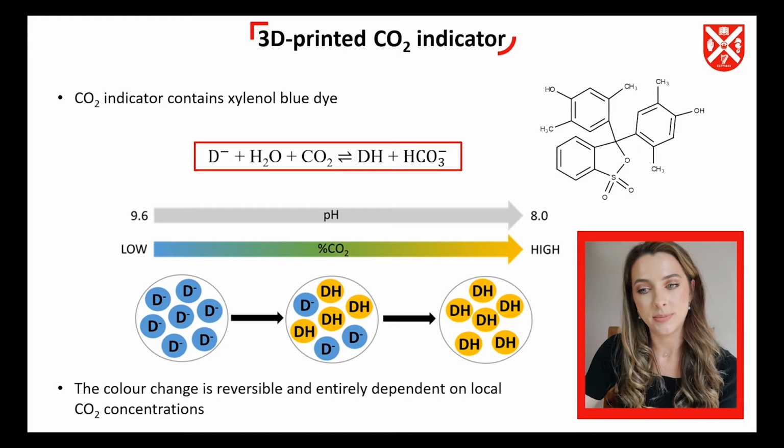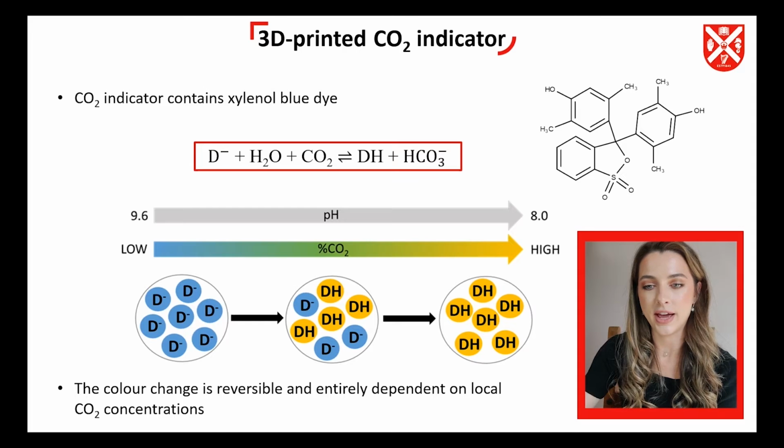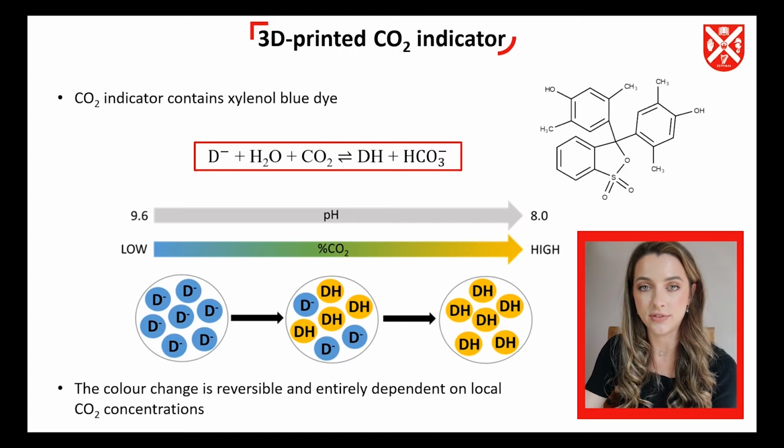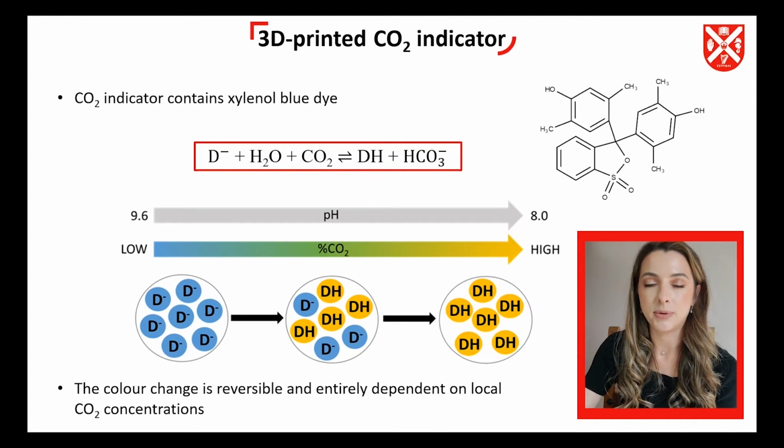So as we produce a bit of CO2, then we have about a 50 to 50% proportion of protonated to unprotonated dye, which gives us a green intermediate. And then as the percentage of CO2 increases even more, the dye becomes fully protonated and we get this yellow. So you get a nice transition from blue to green to yellow.